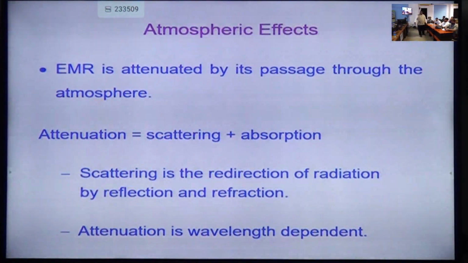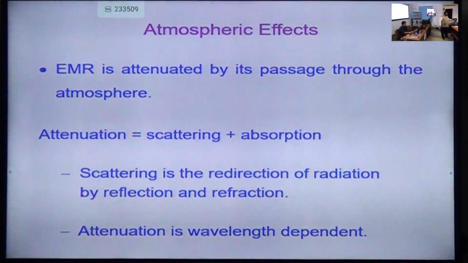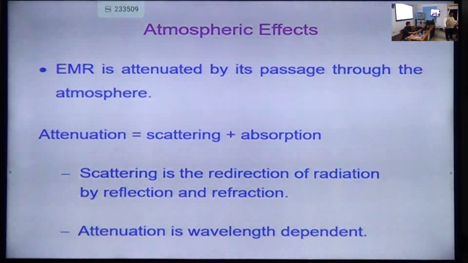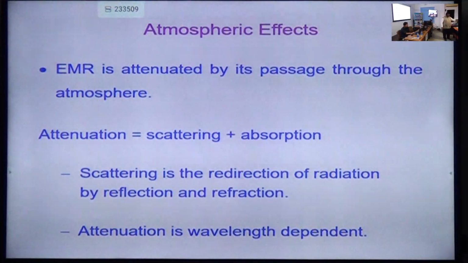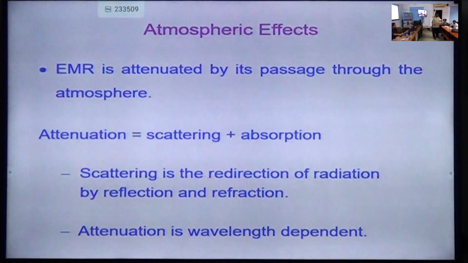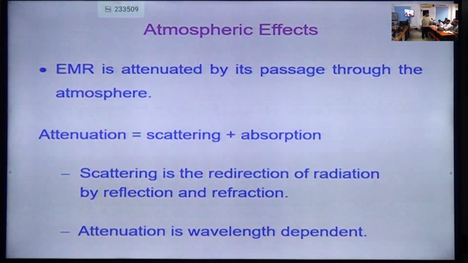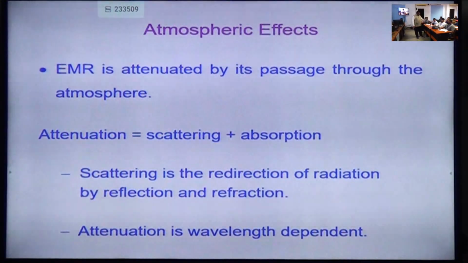Electromagnetic radiation is attenuated as it passes through the atmosphere. Attenuation means it will get reduced. From the sun it is passing, there will be loss. Again hitting the land, there will be loss of energy. Again it passes through the atmosphere, there will be loss. Loss in the sense that some energy will be absorbed.